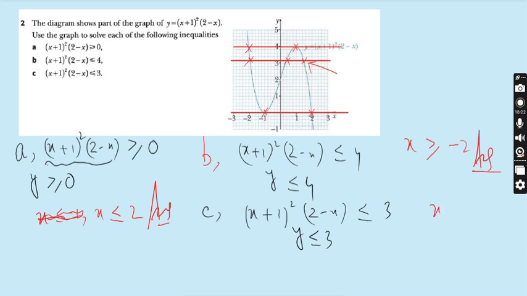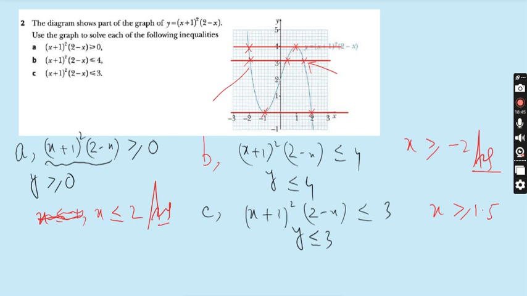So the first value is x greater than or equal to 1.5, because we don't know where this x is going, but we know the value of x at this point is starting from 1.5.